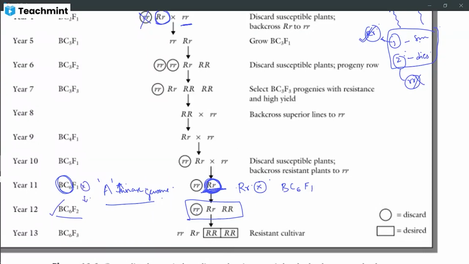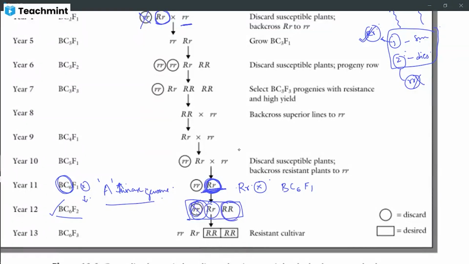So after selfing, you got three different plants. Among this, which will you reject? Small r, small r. Yeah, the homozygous recessive you will reject.